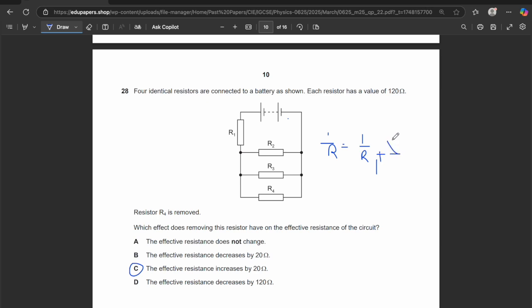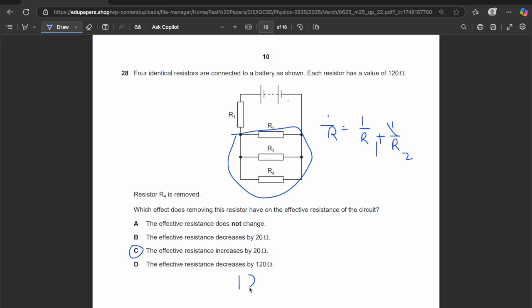Notice that R1 is in series with the whole parallel connection, so we can just ignore it, because it adds the same amount before and after. For the original one, we can calculate: 1 over 120 plus 1 over 120, and we get 1 over 60, which means the resistance is 60. Right, we have to take the reciprocal.